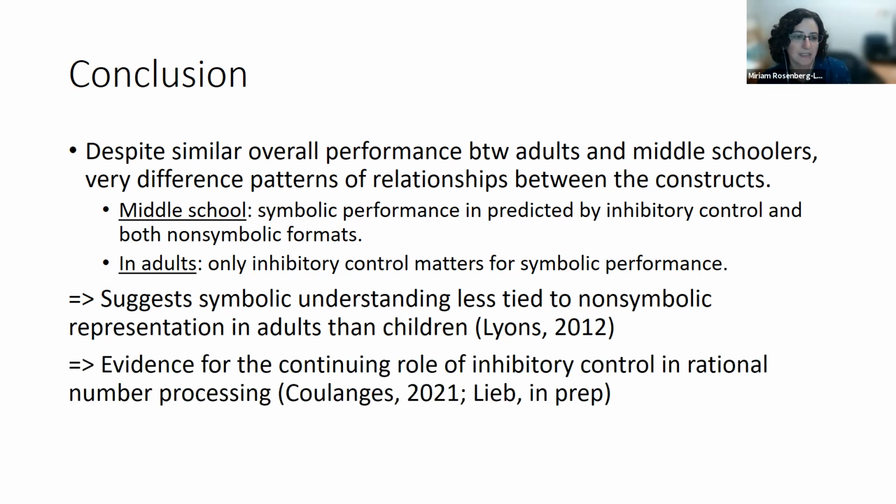And we also are seeing this evidence for the continuing role of inhibitory control in rational number processing, consistent with our previous work we just published on decimal comparison, and work that some of you may have seen a couple of weeks ago in this Zoom session from MCLS, showing again a relationship for fractions in middle school and elementary school students.